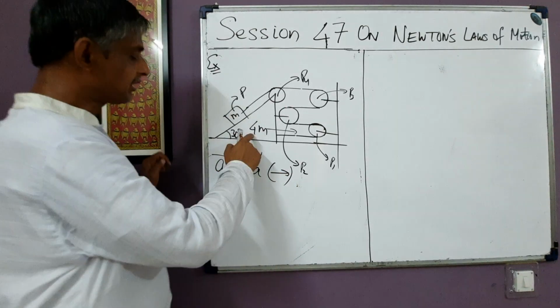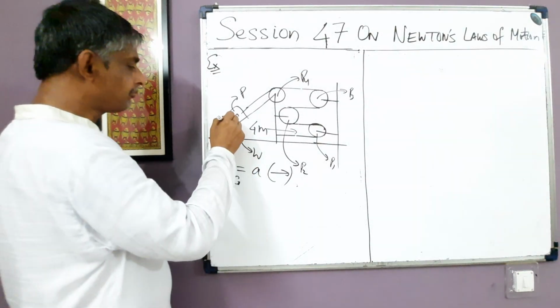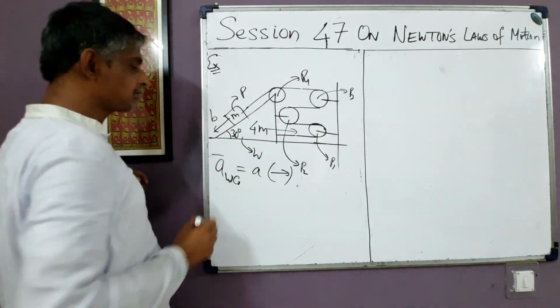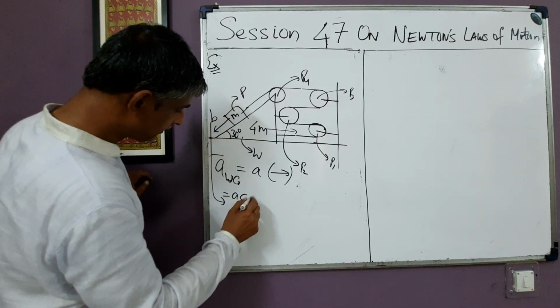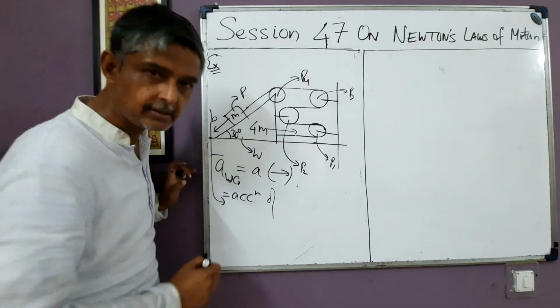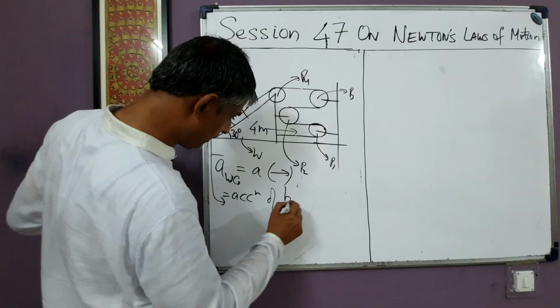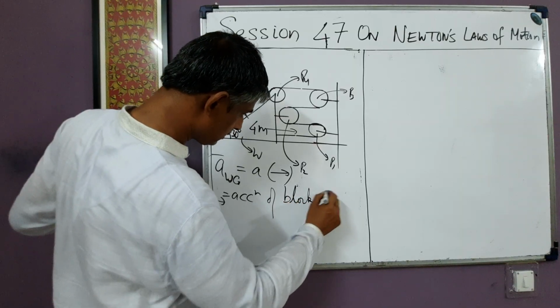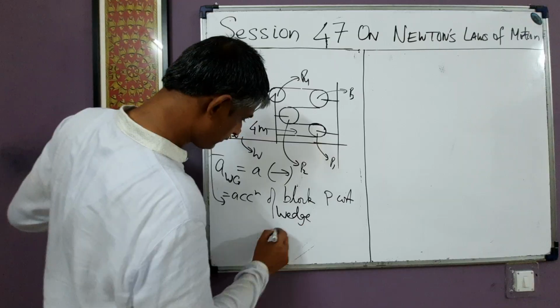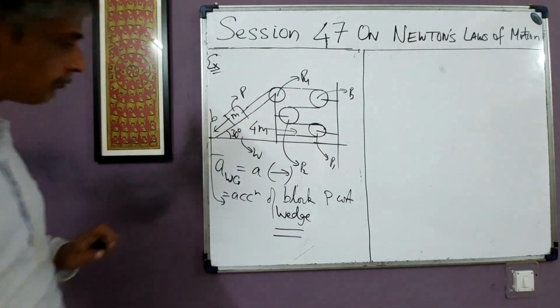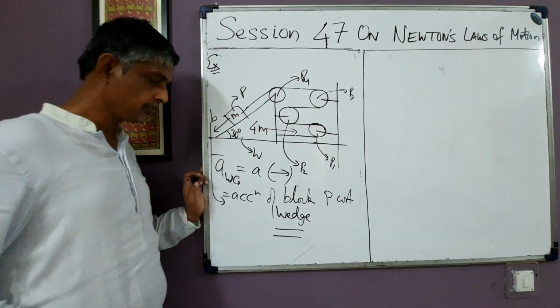And with respect to wedge, the block of mass m will move with some acceleration b. So b is the acceleration of block P with respect to wedge.